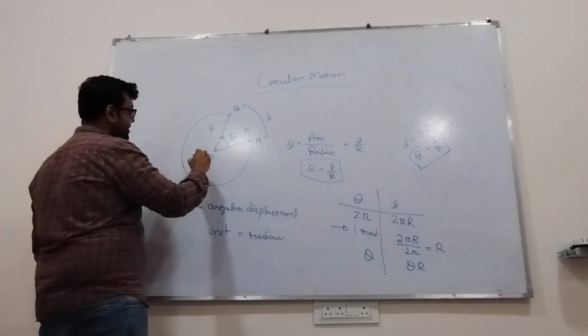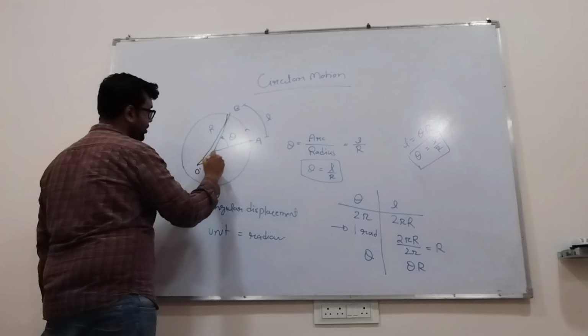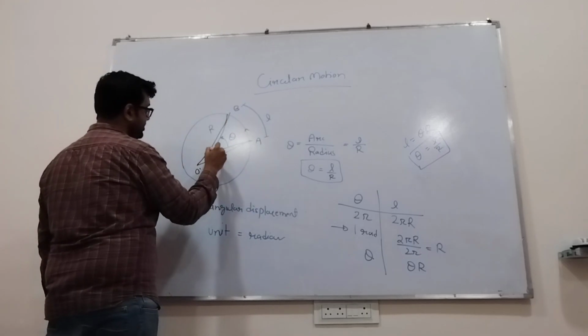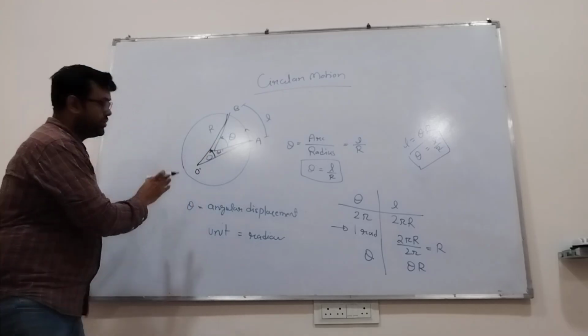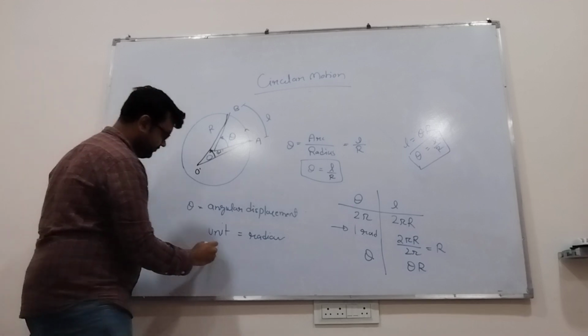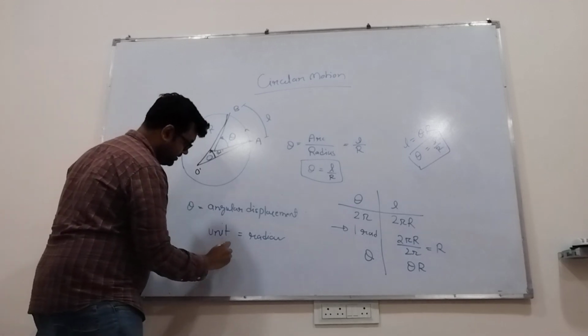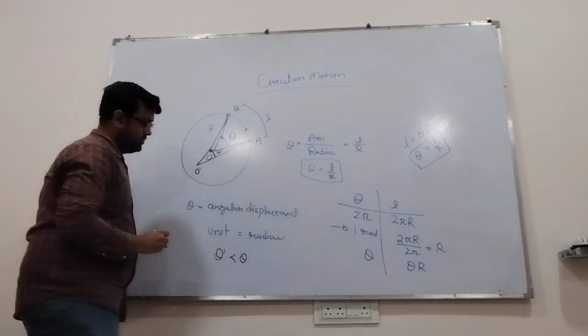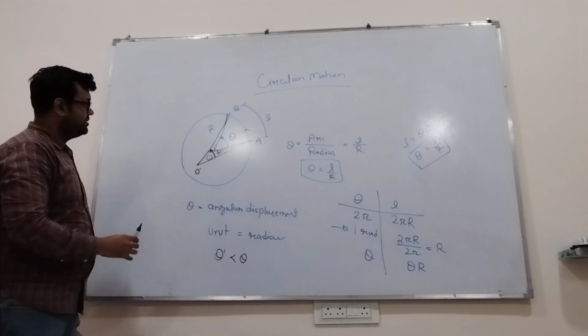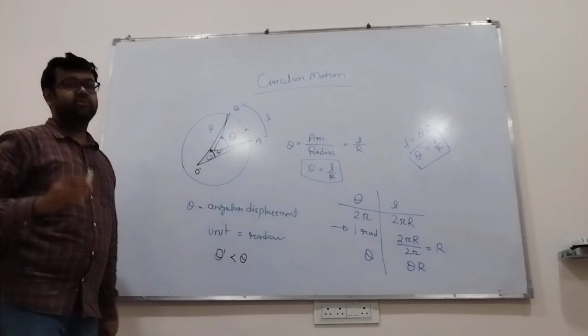So if I join these 2 points with O dash, this angle theta dash, you can simply see here the theta dash is less than the theta. Right? So depending on the observer, your angular displacement will be different.